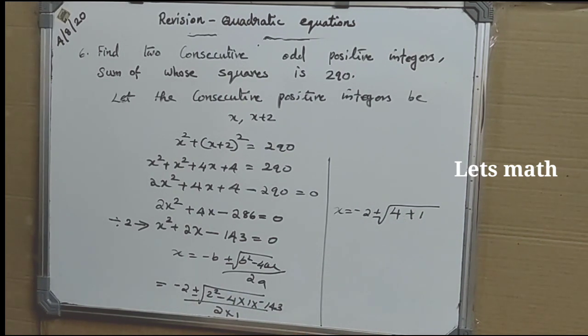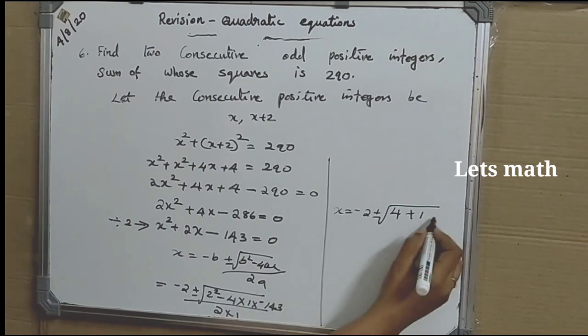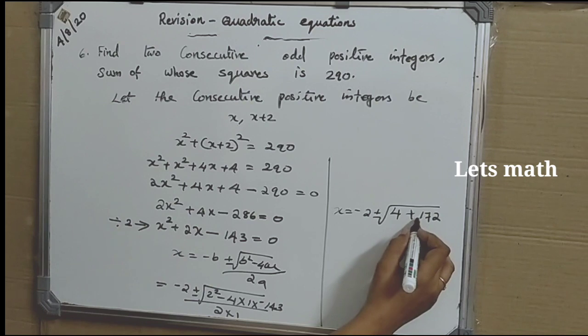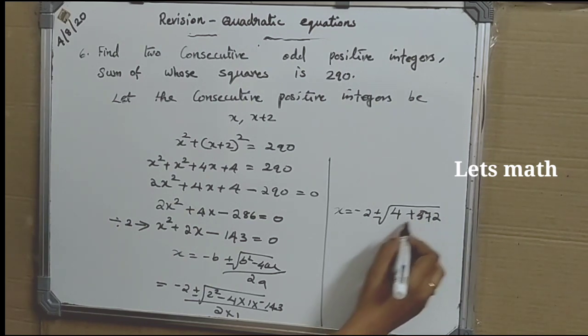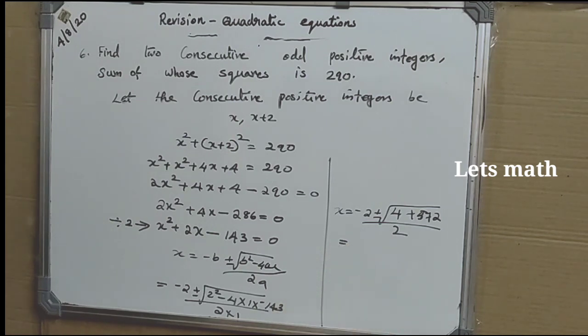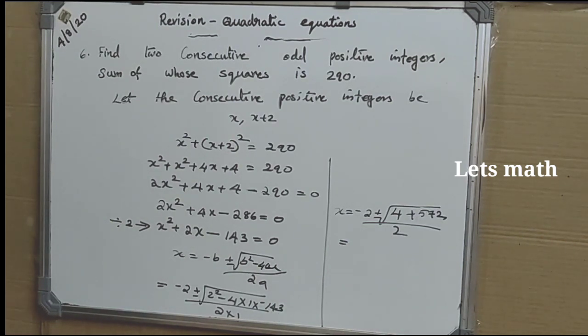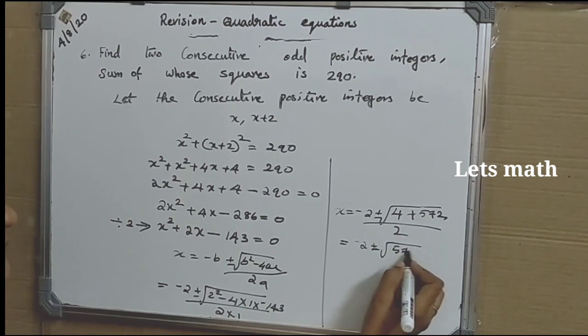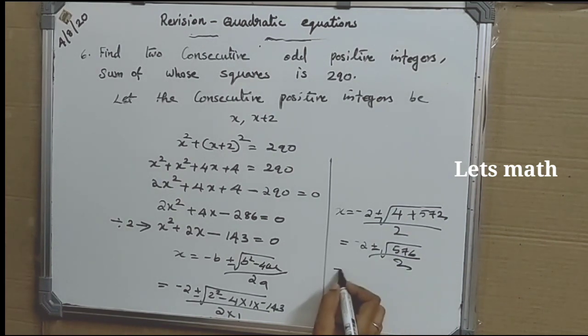4 into 143 is 4 3s are 12, 16 plus 1 is 17, 1 balance, 572, divided by 2. So negative 2 plus or minus root of 4 plus 572 divided by 2, that is negative 2 plus or minus root 576 by 2.